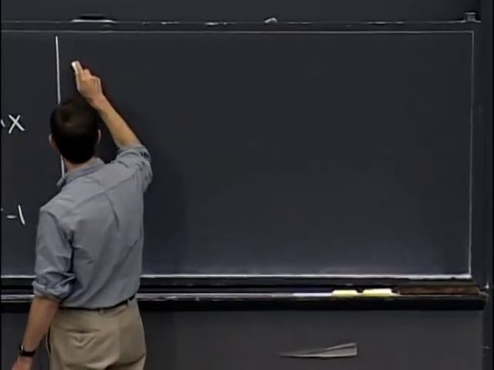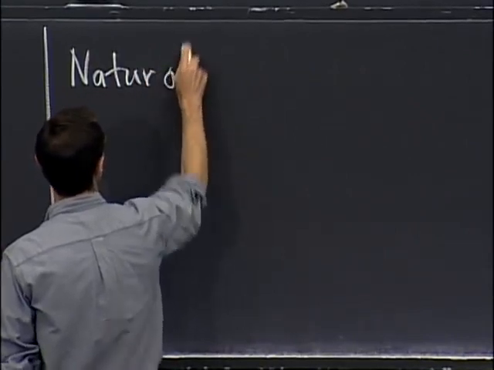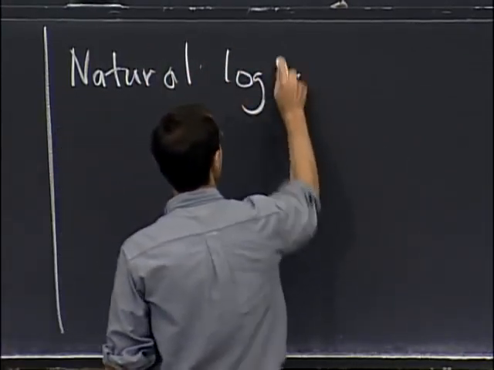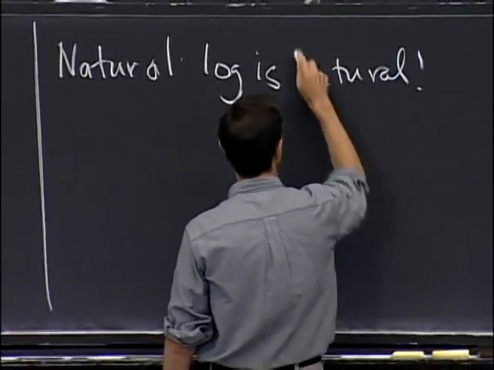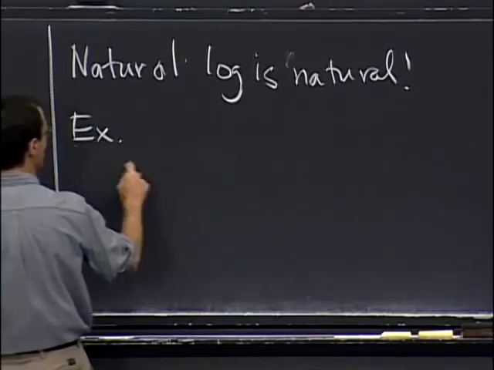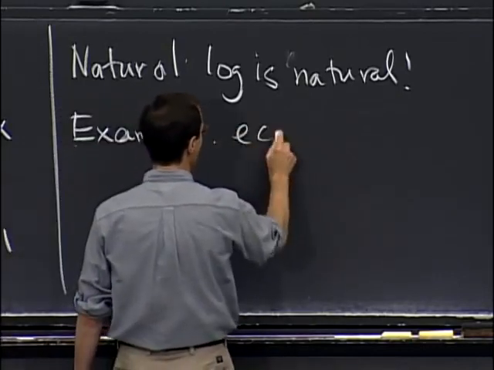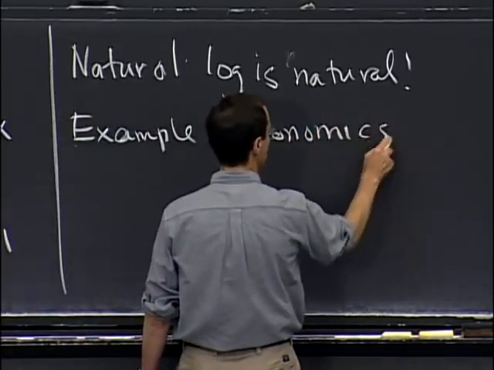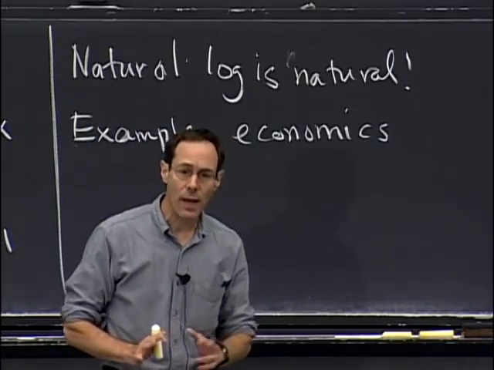So I claim that the natural log is natural. And the example that we're going to use for this illustration is economics. Okay? So let me explain to you why the natural log is the one that's natural for economics.